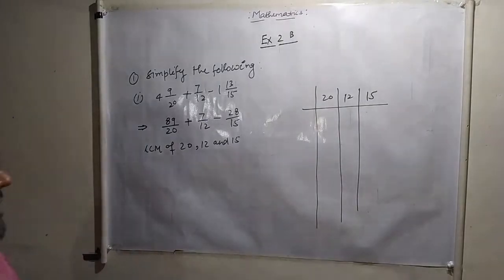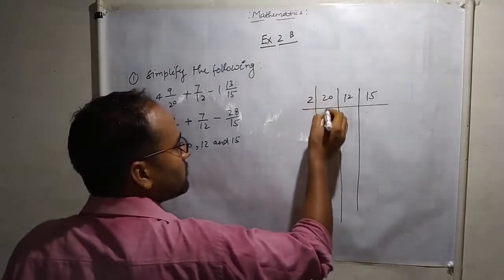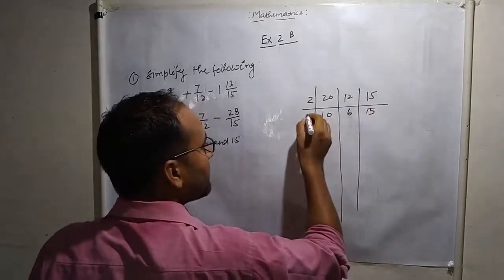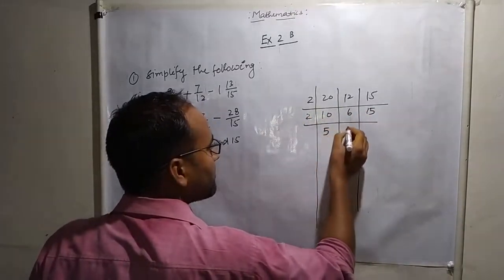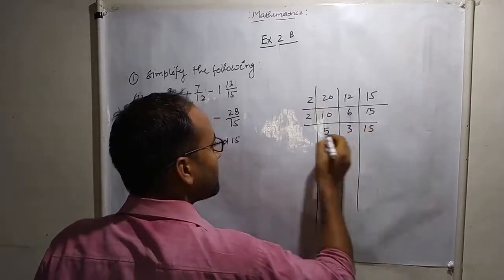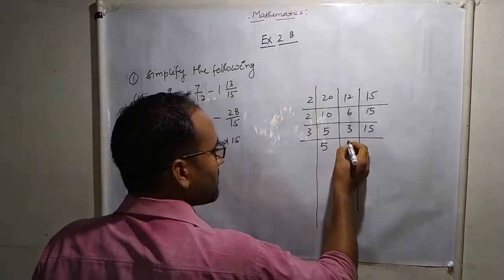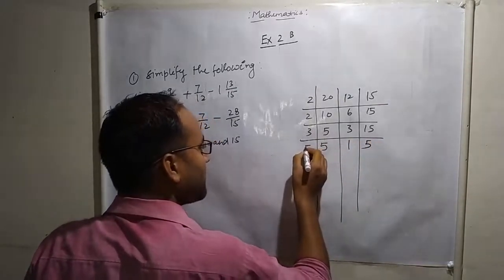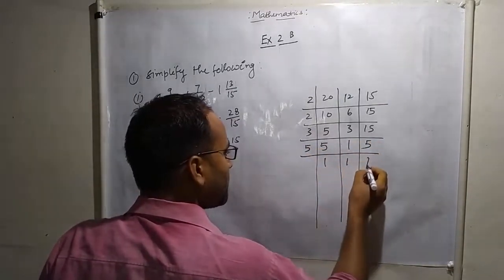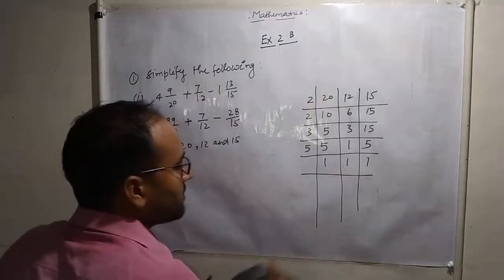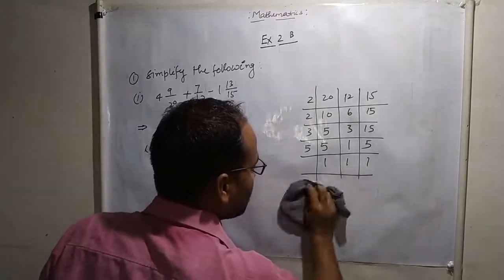So 2 times 10, 6, 15, again 2, 5, 3, 15. With 3, 5, 1, 5, again with 5, 1, 1, 1. This one is your LCM, students, by using the prime factorization method.